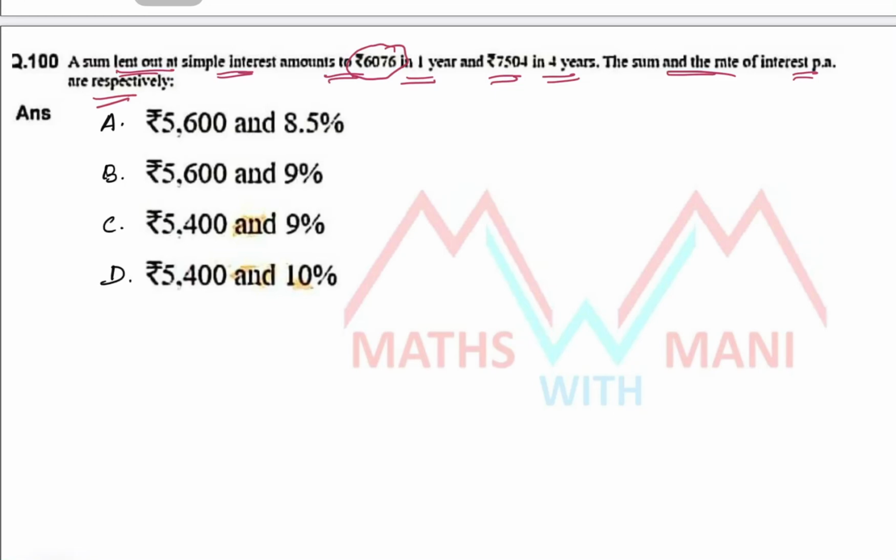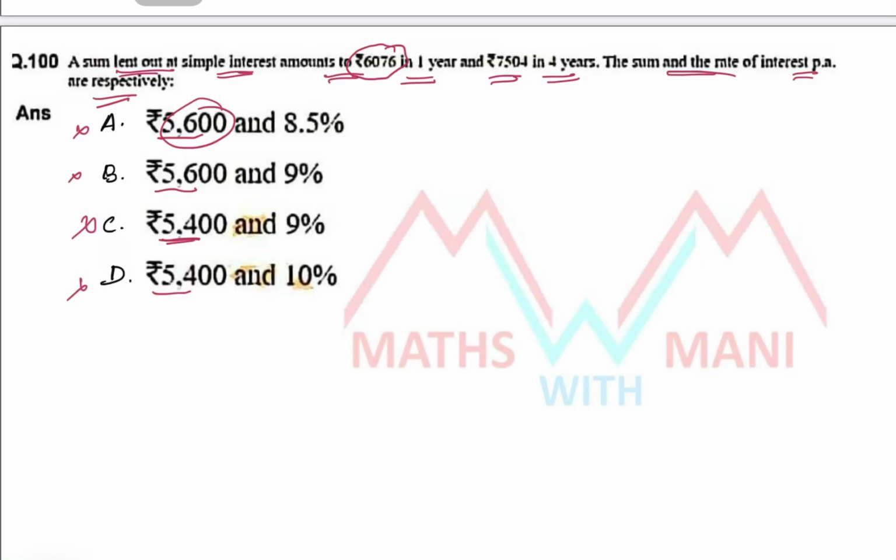Okay. It is very simple. Here if you observe the options, in two options the principal is the same. So if I find out the principal, I can definitely eliminate two options. If I get principal 5600, then I can eliminate these two options. If I get 5400, then I get two options eliminated.